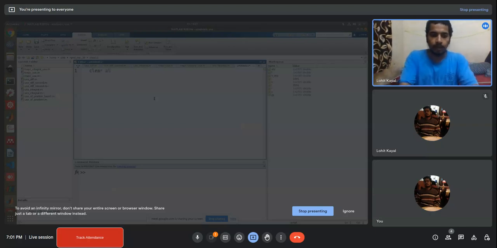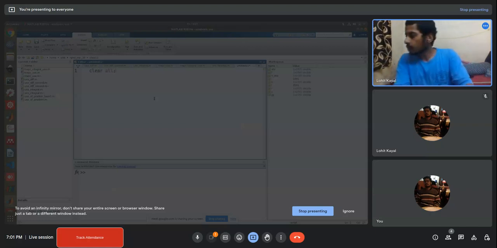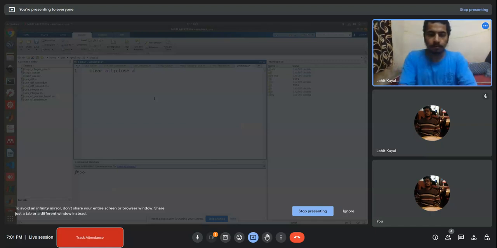Let's define the function. First let me show you the symbolic computation here. Then we'll go to find the derivative of some numerical data points.